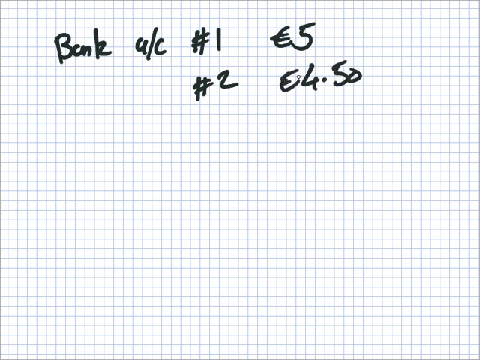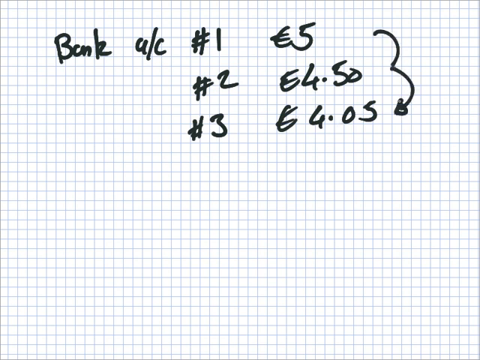Okay? Now, that person gets the €4.50, that's great. They spend it, they put it in their bank account. What happens to that €4.50 in the other bank? It gets lent out again. The bank keeps 10% and lends it out. So in bank account number 3, what's that now? €4.05 is lent out. Now you can see what's happening here.